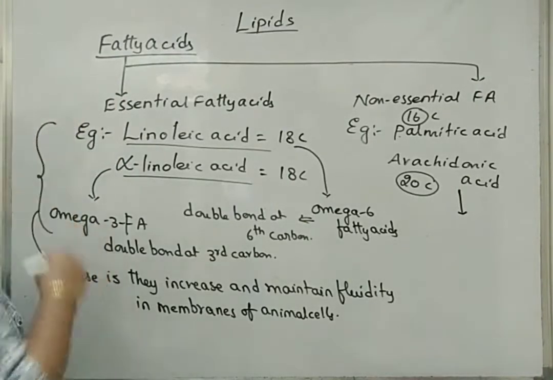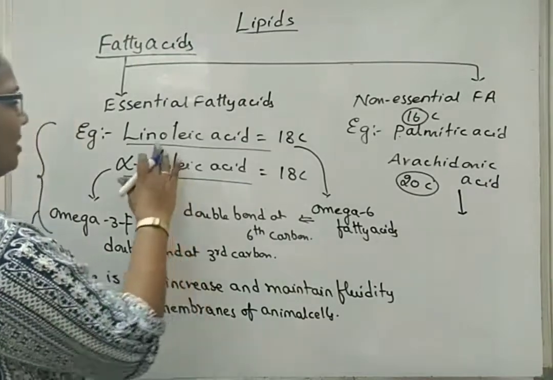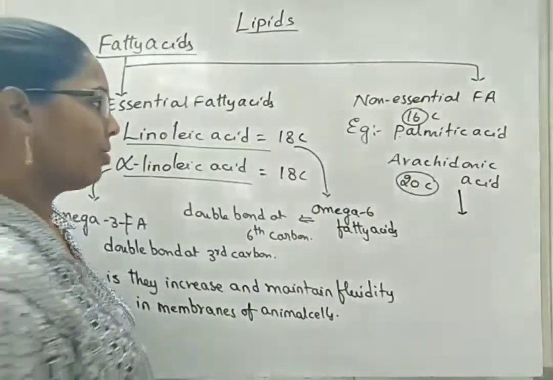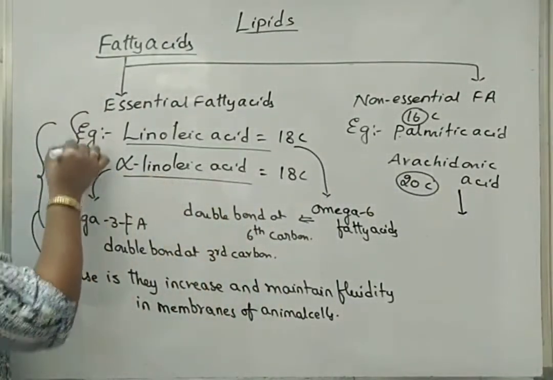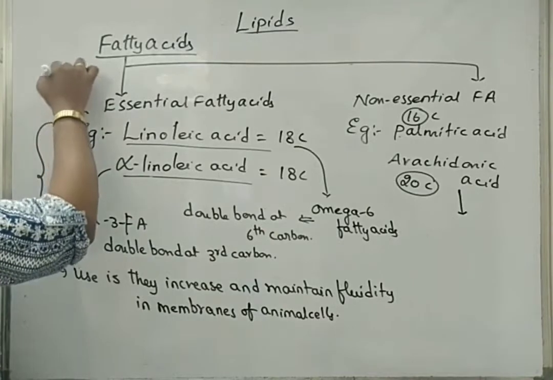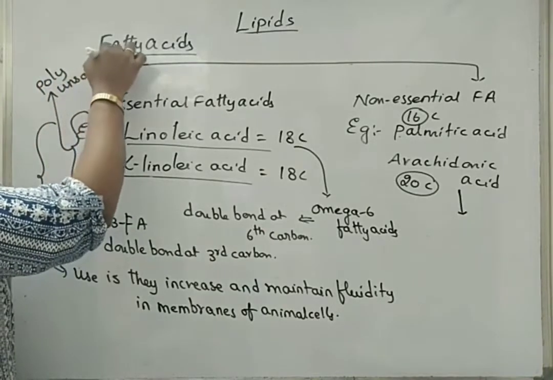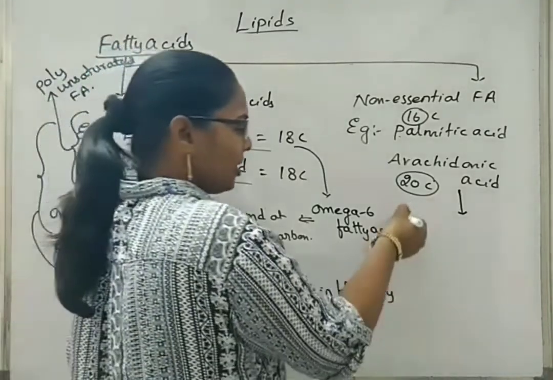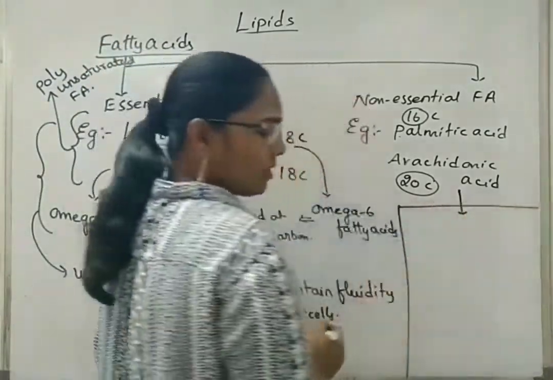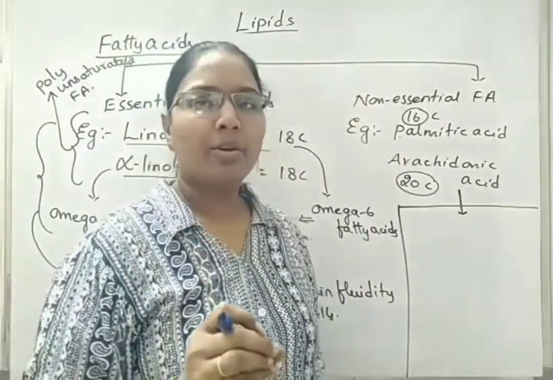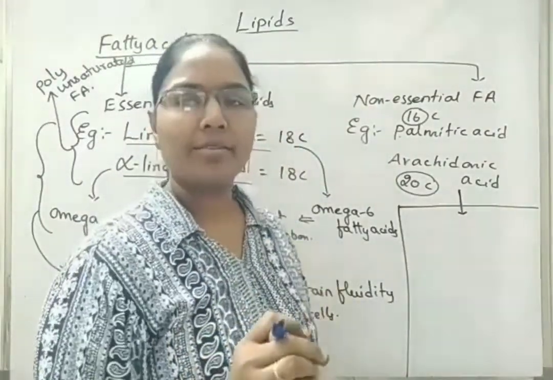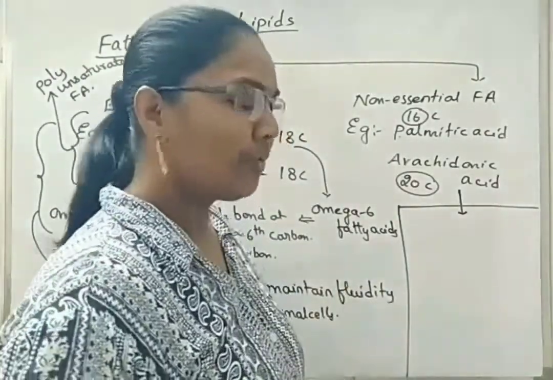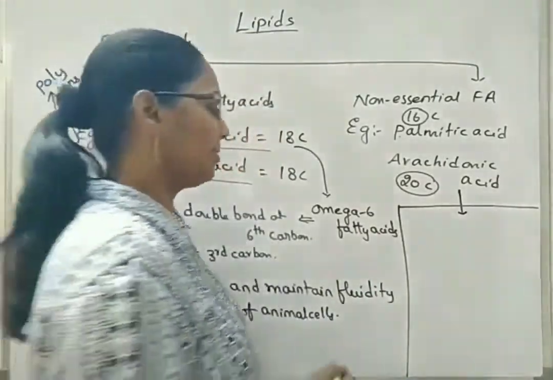Now, essential fatty acids like these two examples are also considered polyunsaturated fatty acids. So the other term for them is polyunsaturated fatty acids. If we are using the term unsaturated, then what is meant by saturated fatty acids? The animal body does not get benefits from saturated fatty acids. They get accumulated beneath the skin and are not as useful as unsaturated fatty acids.